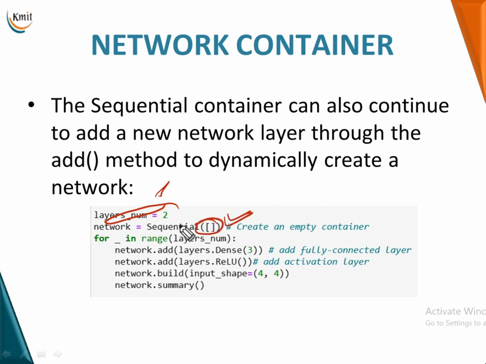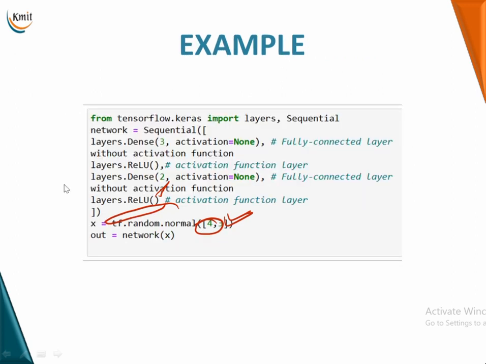Now this is important, guys. When I went through the previous code, you can see how it was. The difference is, just have a look at the sequential part. When I wrote this, the sequential container is not empty. Inside the container I am calling the layers. That's how we were building, but there's another way.